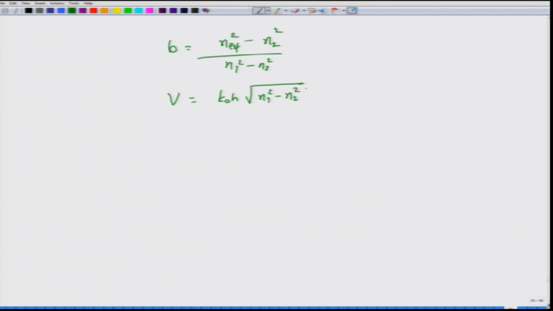Then from the transverse resonance condition, you express it in terms of V and B.